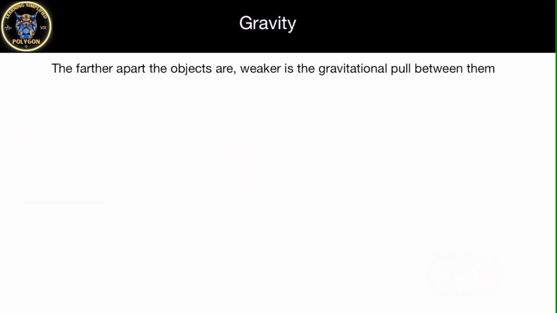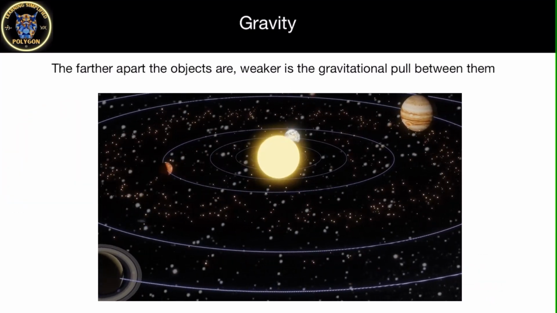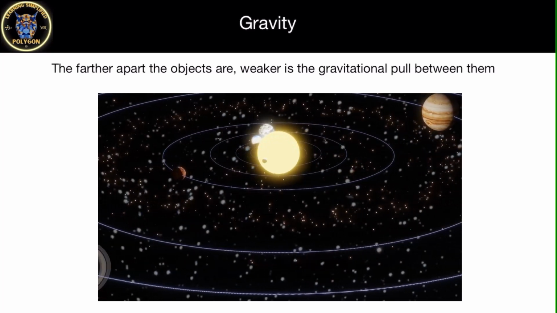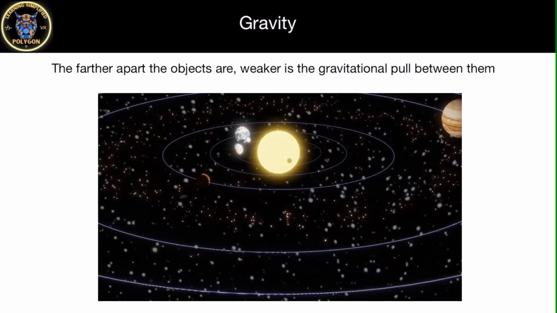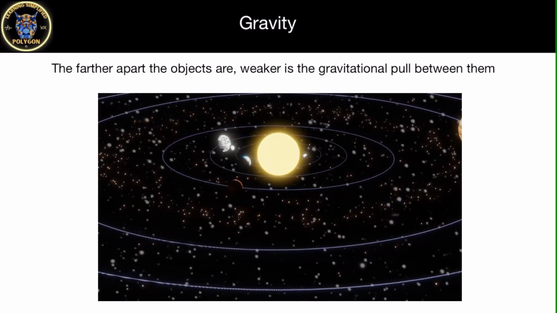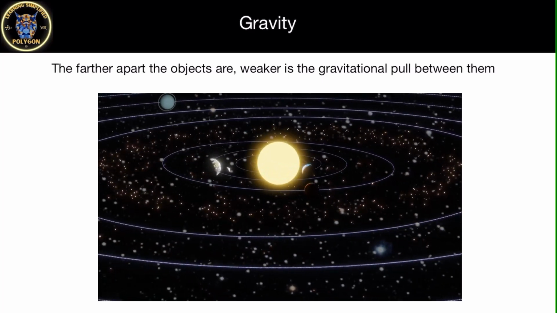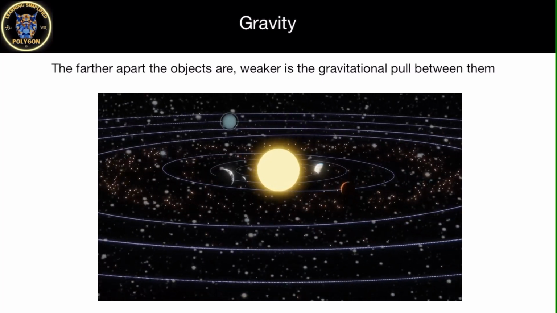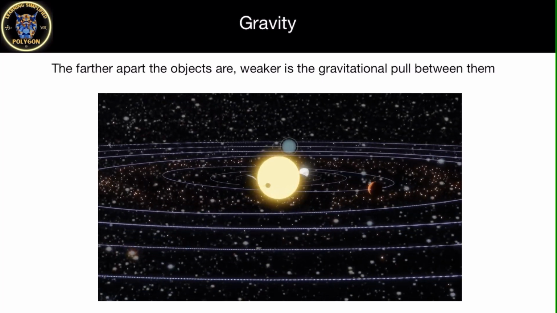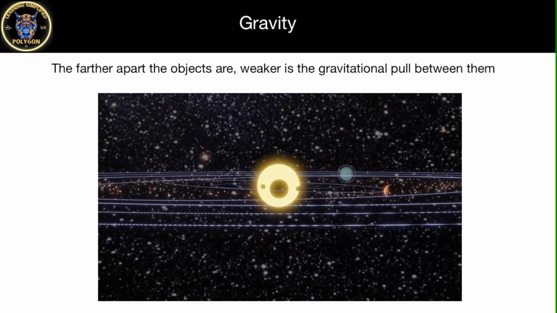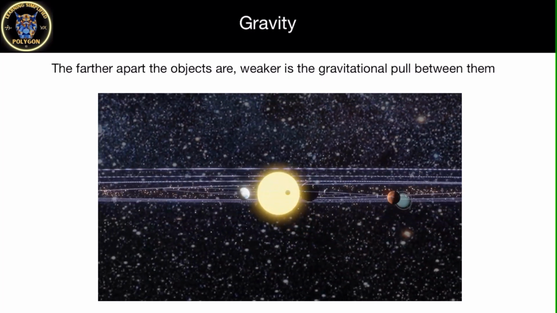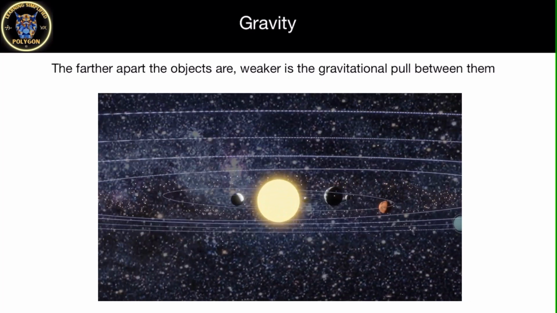While gravity increases with increasing mass, it decreases even more rapidly with increasing distance between objects. It's interesting to note that this complex interaction of distance and mass and the resulting gravitational pull between the planets and Sun is what causes the movement of planets in our solar system.